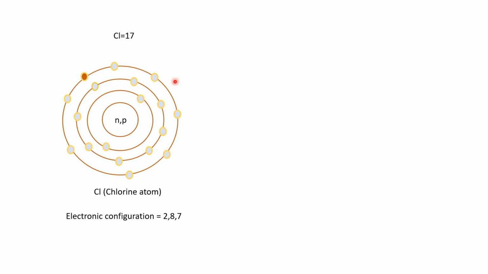That is, now it becomes a chlorine ion, and because it has accepted an electron which was negative in charge, the negativity comes in, and the number of negative charges that comes in is 1. So here chlorine has one negative charge, and the electronic configuration now changes into 2,8,8, where this chlorine atom, which has now converted into a chlorine ion, has become stable.